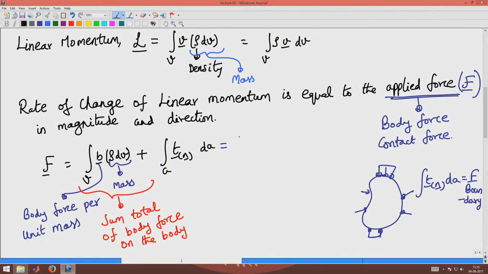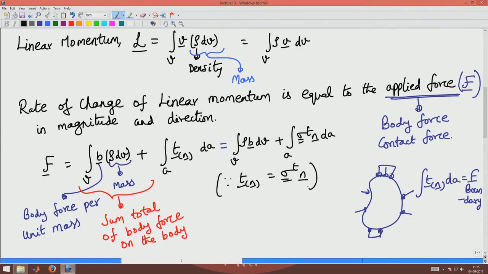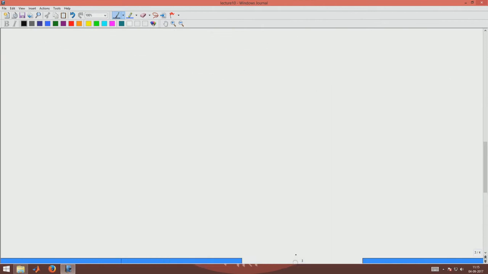So, this will be equal to integral of rho b dV plus integral of sigma transpose n dA, since T sub n was sigma transpose n as we saw before. Now, I want to convert this area integral into a volume integral. In order to be able to do that, I have to appeal to the Gauss divergence theorem.